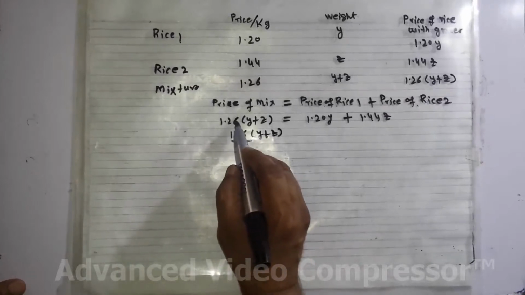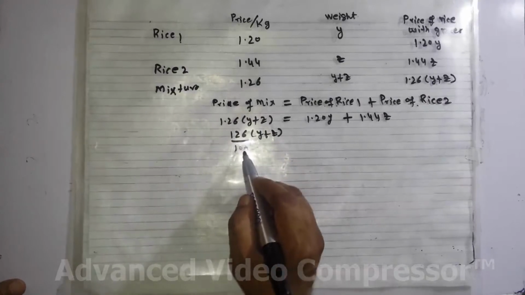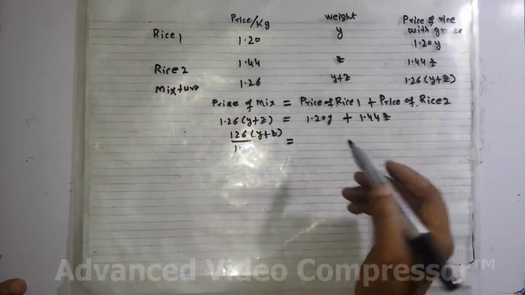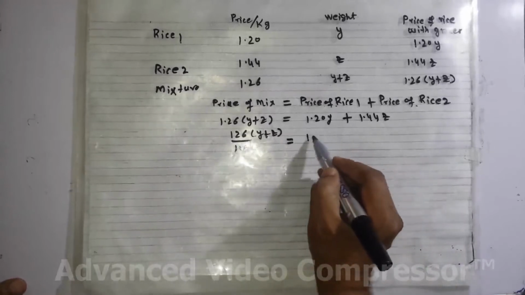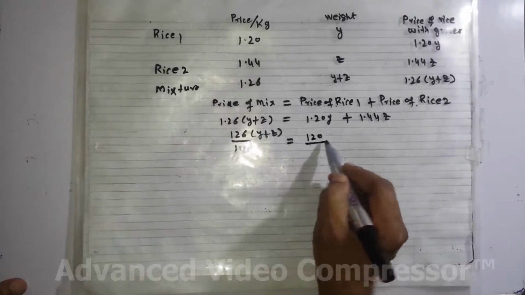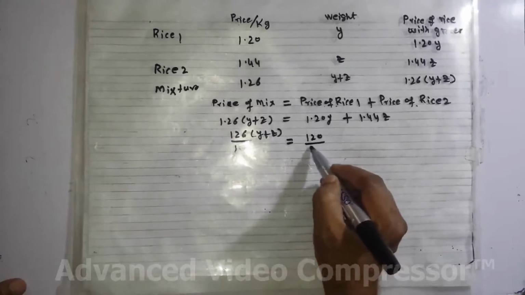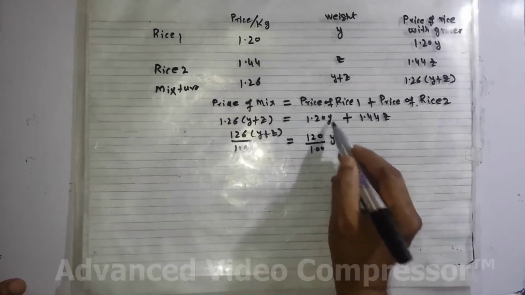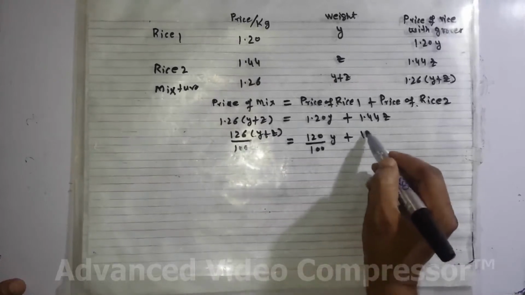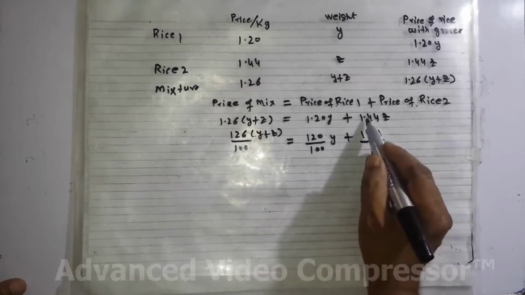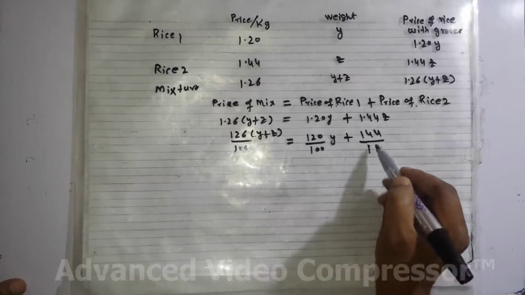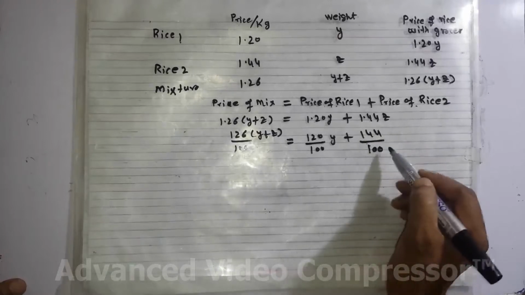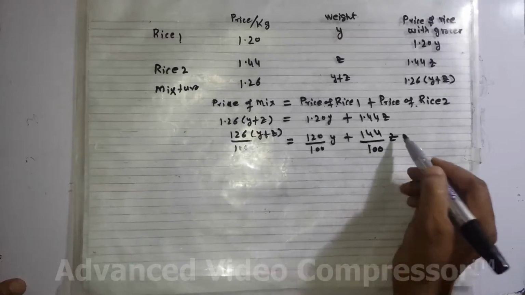There are two digits, 2 and 6, so we put 2 zeros here. This is the method of removing the point. Again we write 120 with 100 under it, and y here. Again 144, we write 1 in place of the point, then 2 zeros, and we put z.